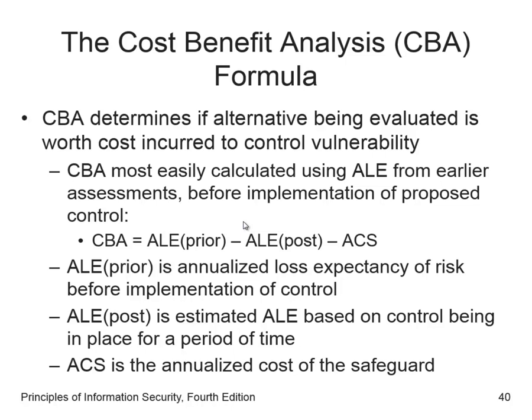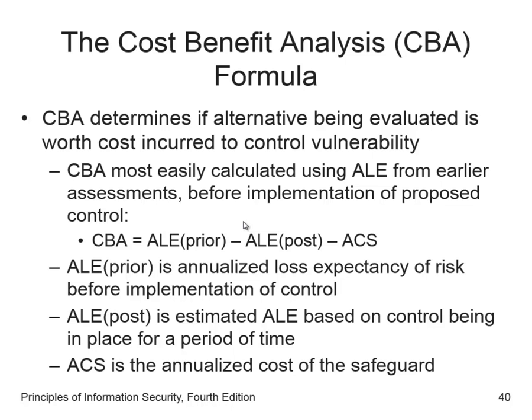So we are going to find the annualized loss expectancy, we call it ALE, from the previous year or prior, and we have the post-control ALE, which we examine after the control has been in place for a period of time, and then we can also take into account the annual cost of the safeguard itself.